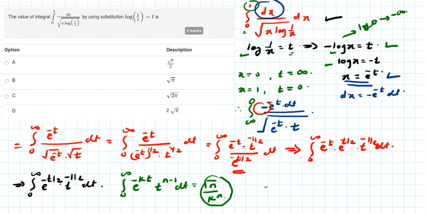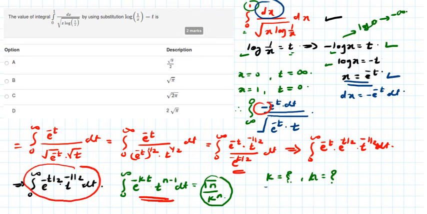So our next aim is to identify what k is and what the value of n is. If we compare this definition with this term, you can clearly see the value of k is 1 by 2, and n minus 1 is minus 1 by 2, so I get n equal to 1 by 2.